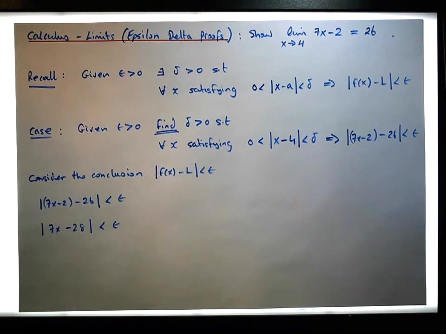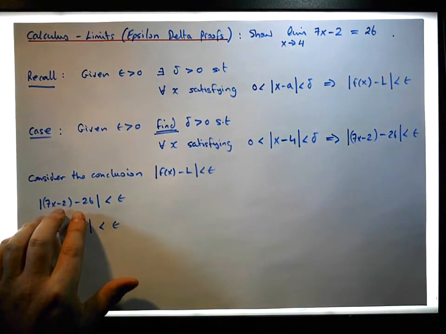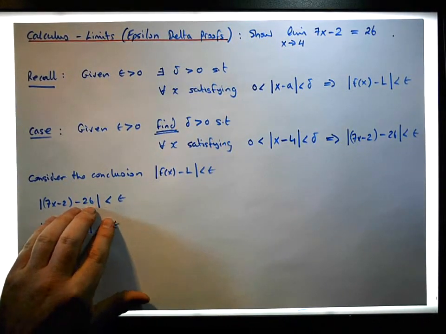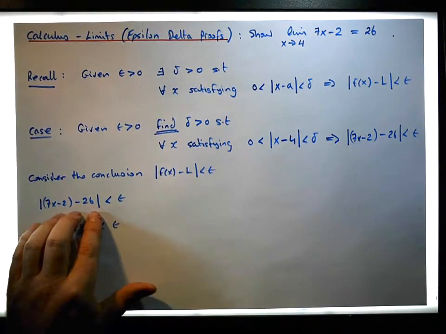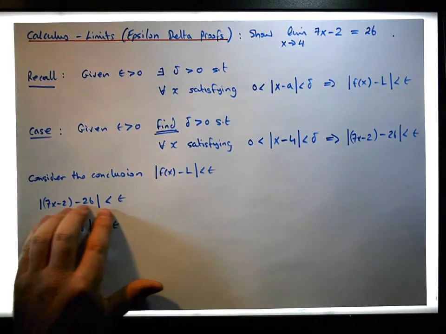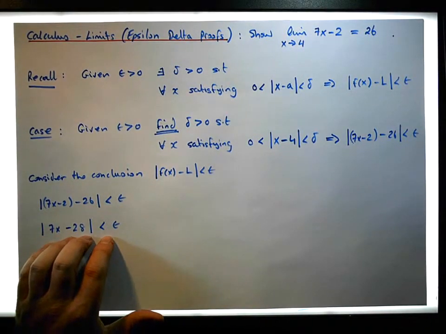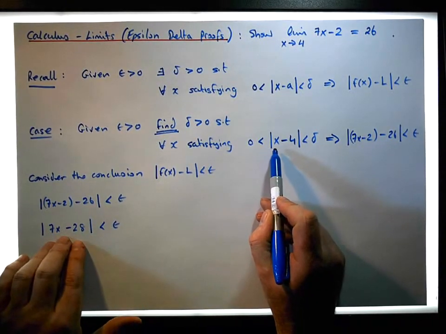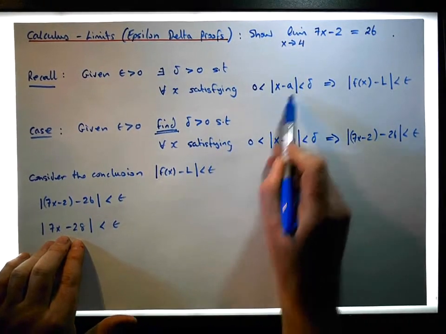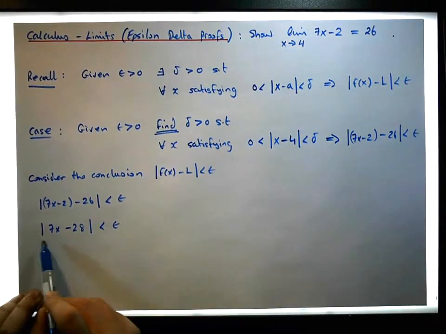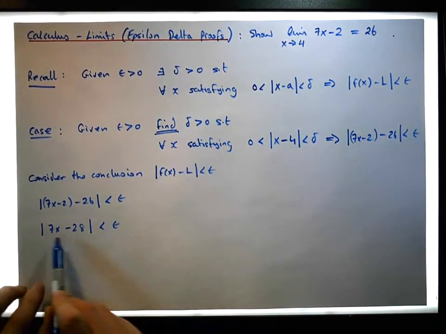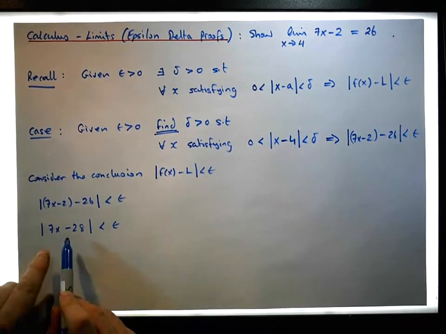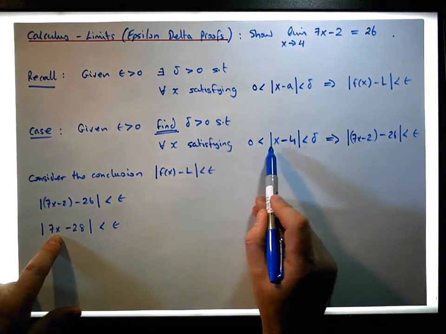Now what we'd like to do is reduce this statement down so that inside the absolute value we get x minus a, because we know that this absolute value is less than epsilon. So let's see what happens if we reduce it down to x minus 4.